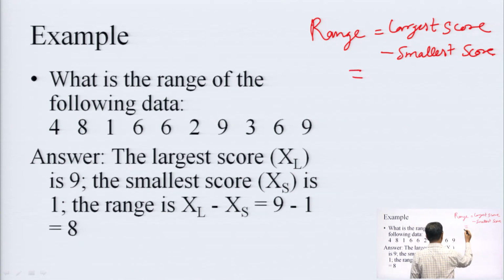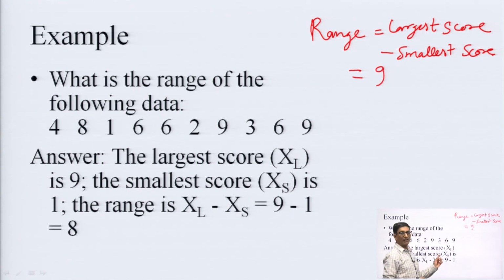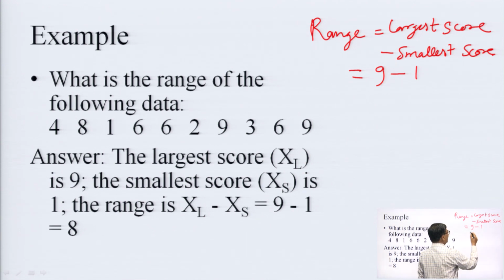The largest score is 9, as we have shown here, and the smallest score is 1. So, we get 9 minus 1 is 8. So, this is the range of our data.